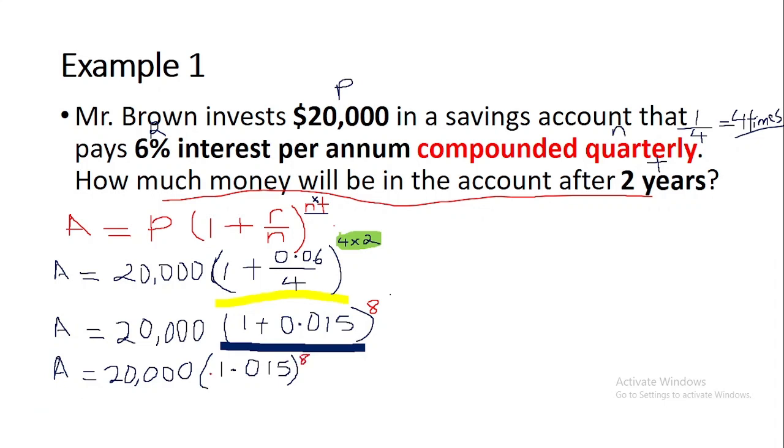That means you're going to multiply 1.015 by itself 8 times. Don't multiply it by 8; you multiply this figure by itself 8 times.